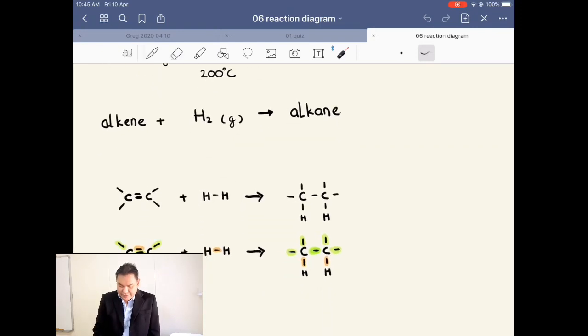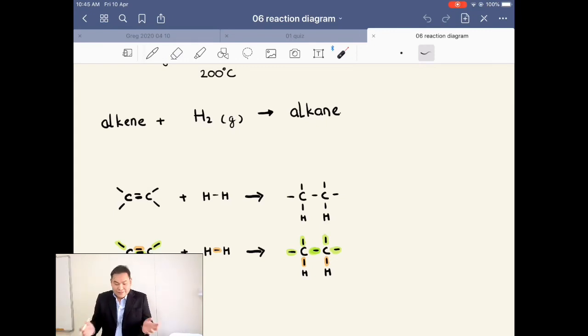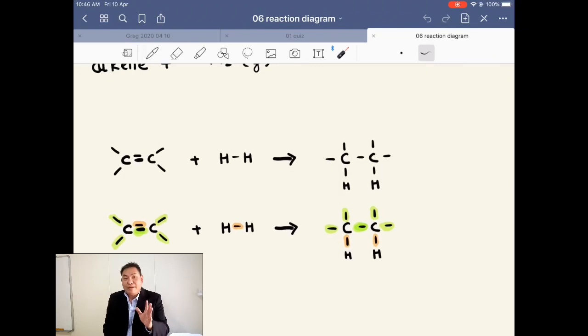The example here, C2H4. This is called ethene, plus H2, you produce ethane. How does it work? Very simple. There's a double bond between the 2 C. You cut that bond and you put 2 hydrogens into that one.